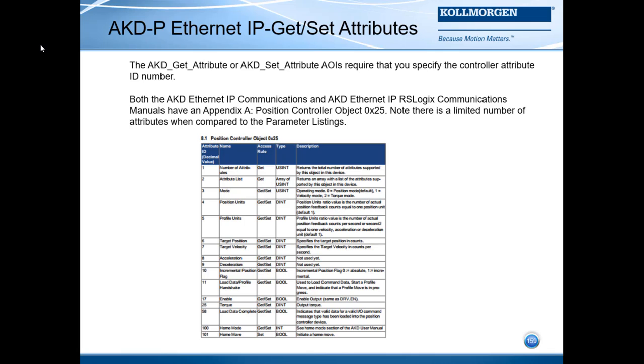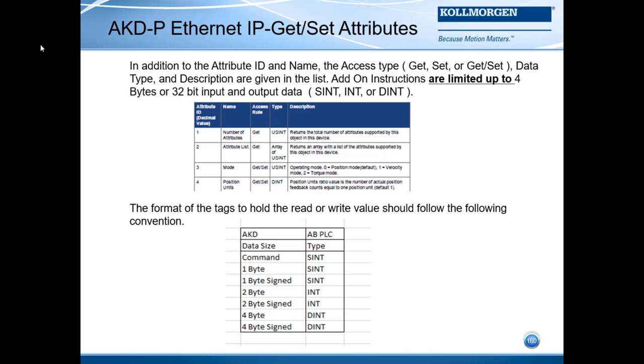Note there is a limited number of attributes from 1 through 101 below when compared to the parameter listings. In addition to the attribute ID and name, the access type, get, set or get/set, data type, and description are given in the list.